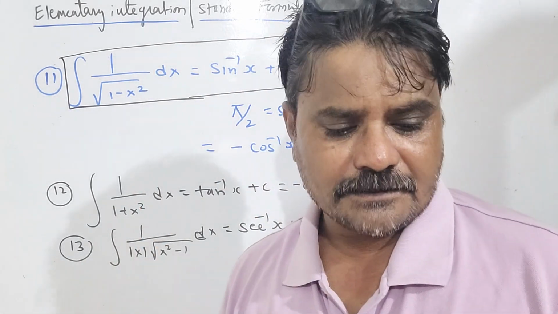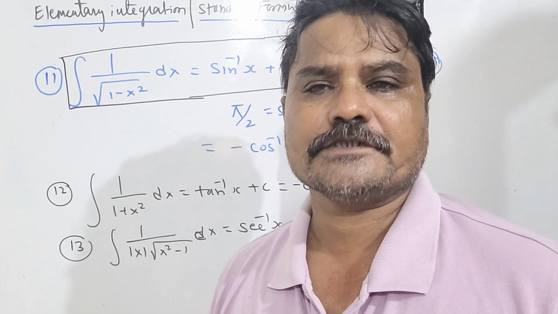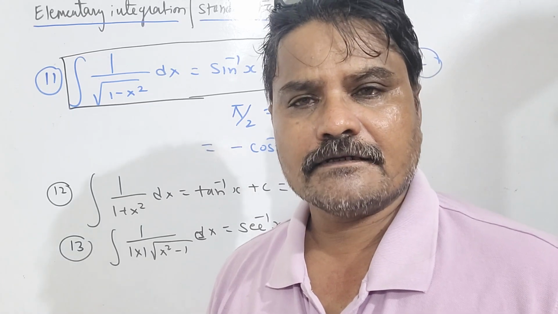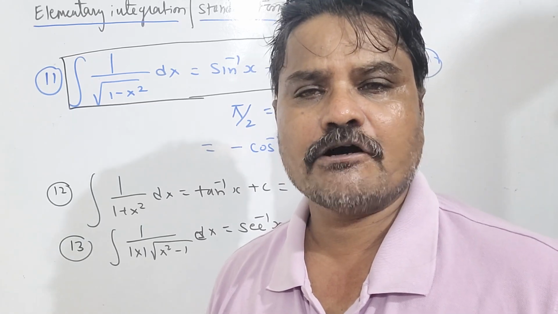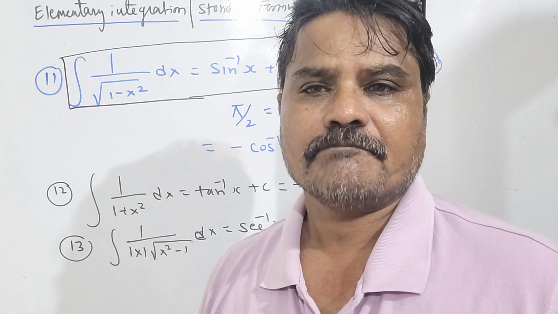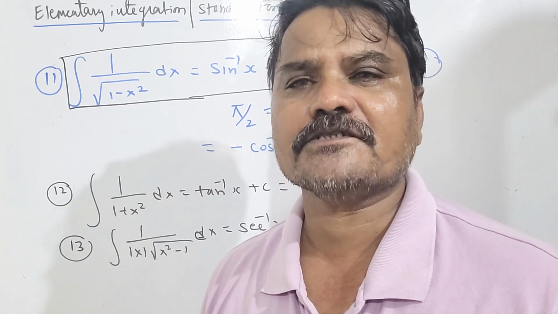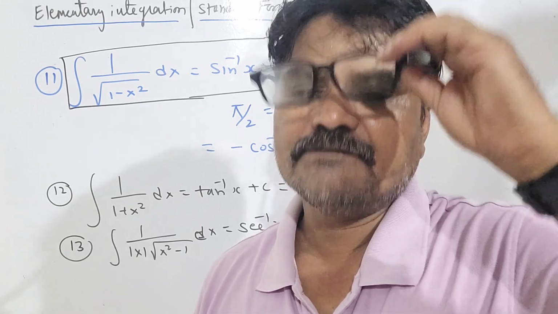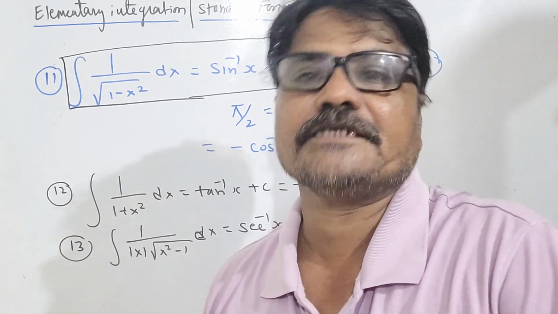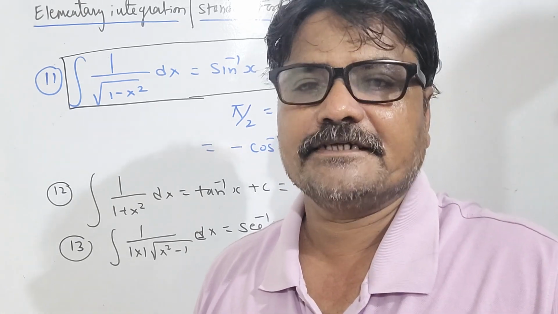So what happens in the integration process, there are functions which you have to integrate, but you cannot find those integrations directly because you don't know the function whose differentiation is that particular integrand. Correct?